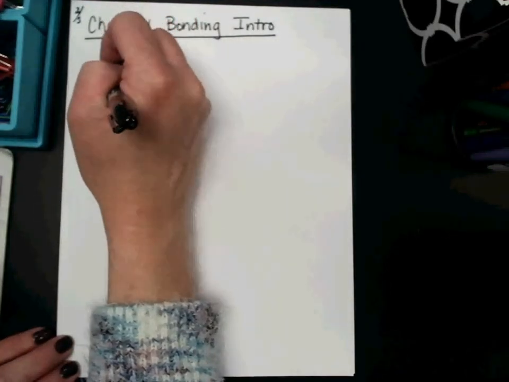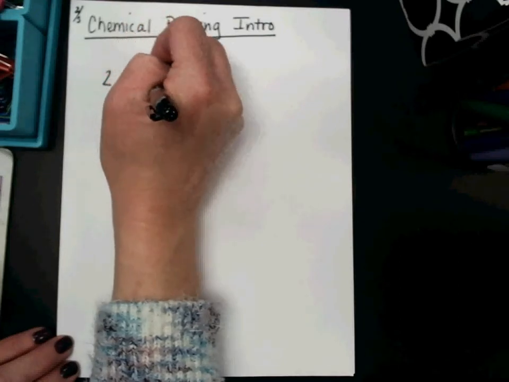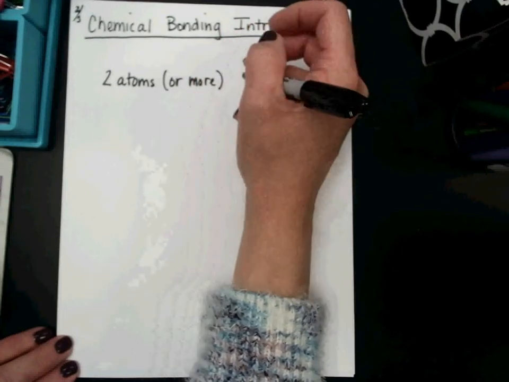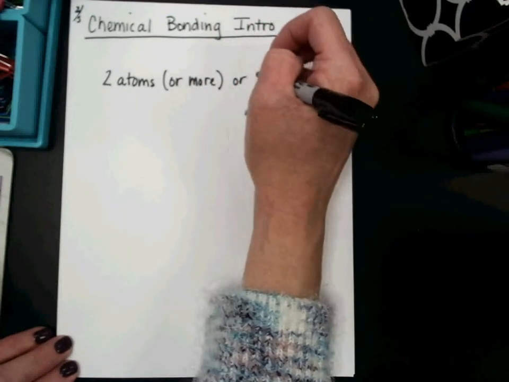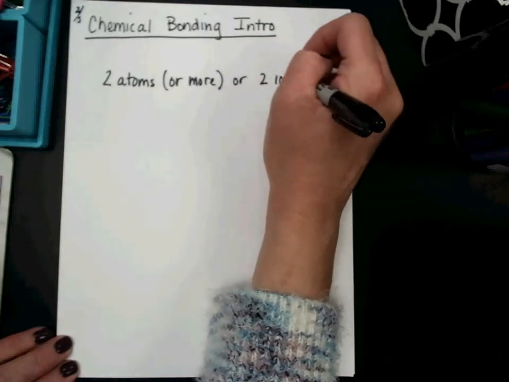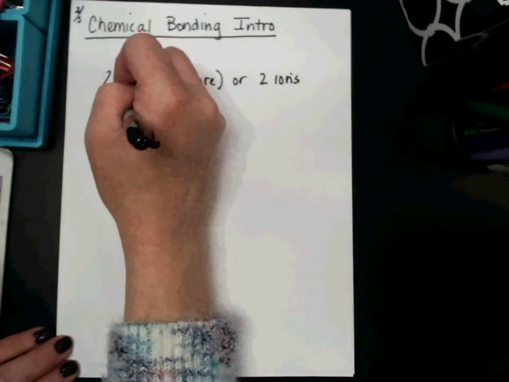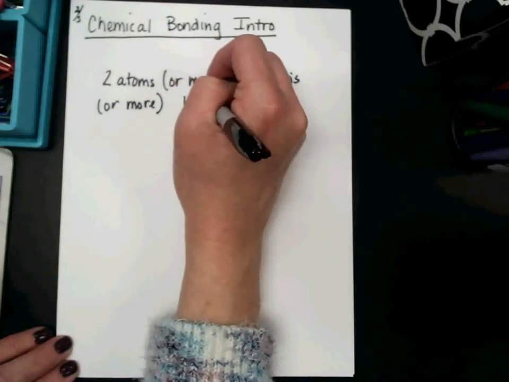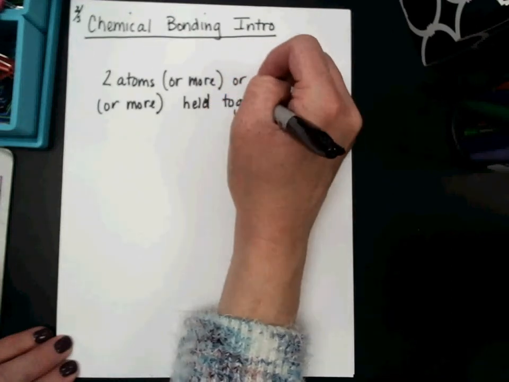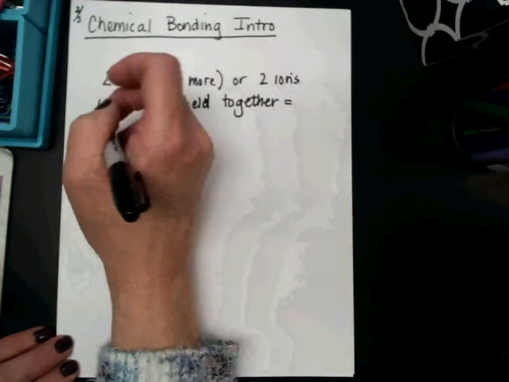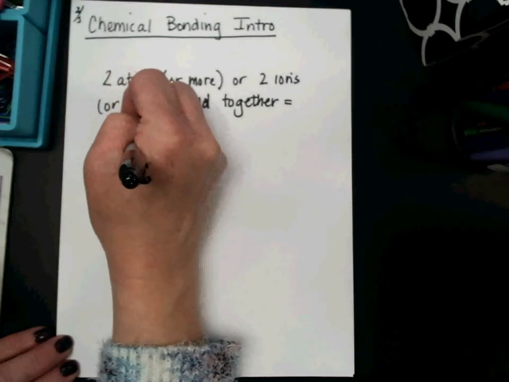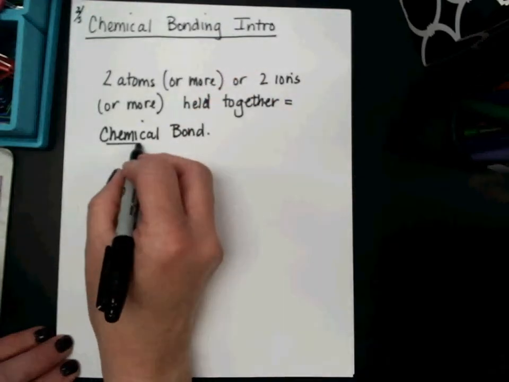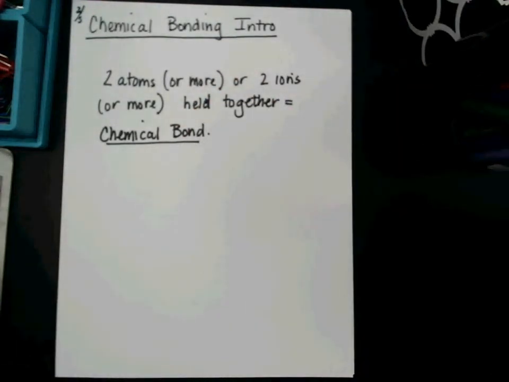If I have two atoms, or more, or two ions or more held together, then I can say I have a chemical bond. So that's like a super simplified definition of a chemical bond.